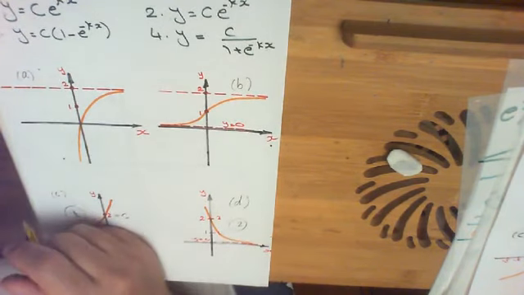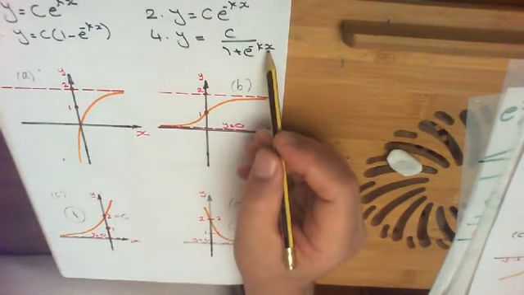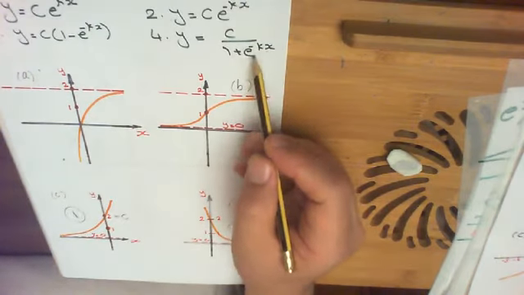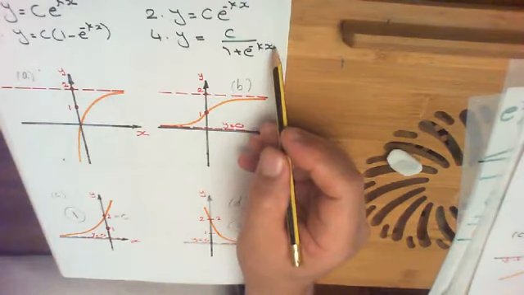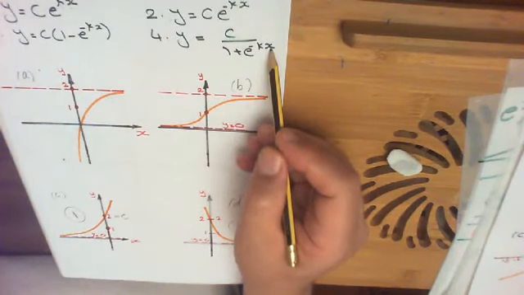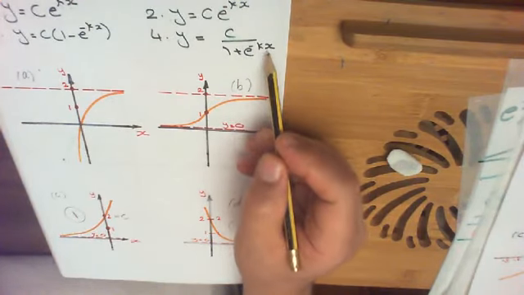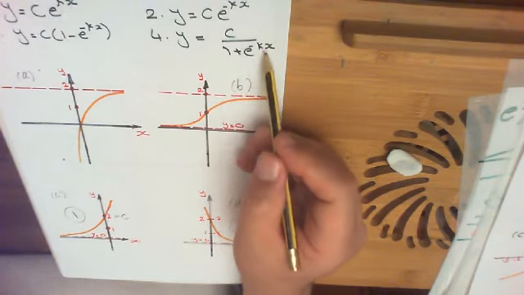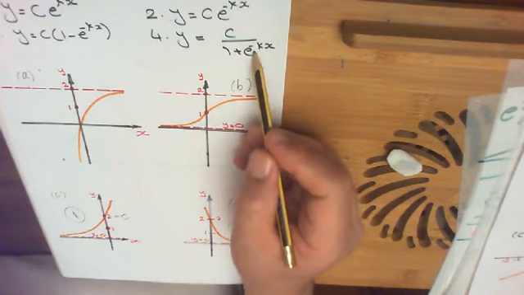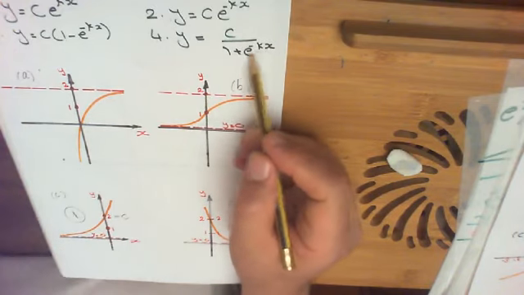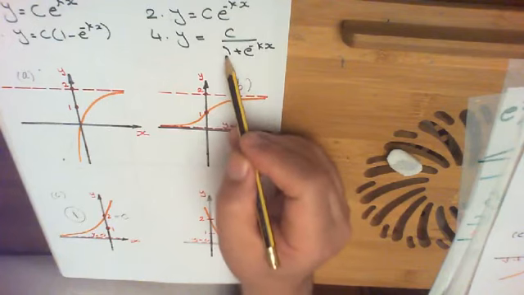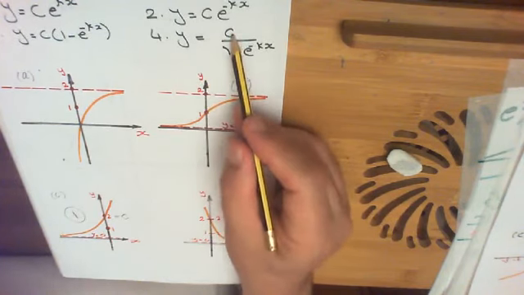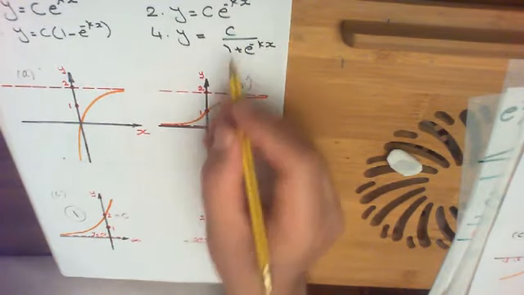No problem. As x increases going to infinity, e to minus infinity is 0. So this value is 1. Okay? So y equals c. And a few seconds ago we said c is 2.